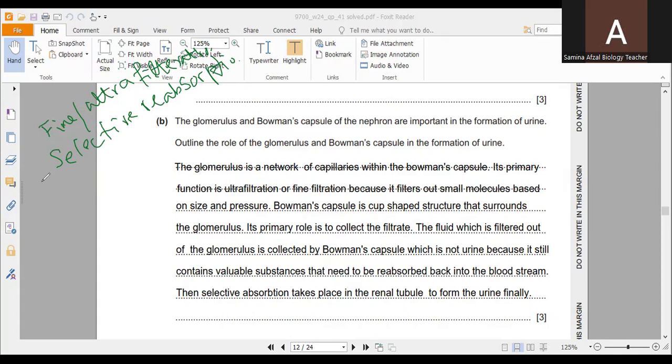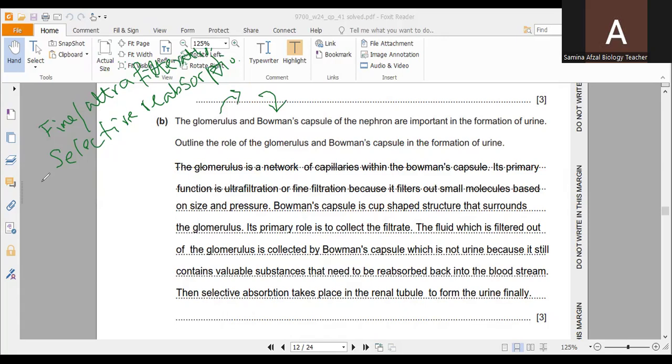Here you can see the glomerulus and Bowman's capsule. These are parts of the nephrons. The glomerulus, a tuft of capillaries, works as a filter. The blood is filtered through this glomerulus, and after filtration, the filtrate enters into a cup-shaped structure, which is Bowman's capsule, named after a scientist, Bowman.